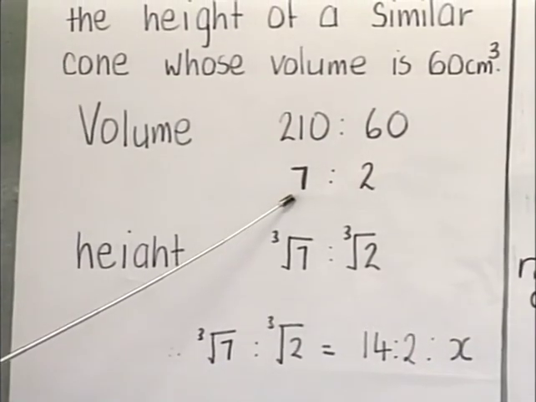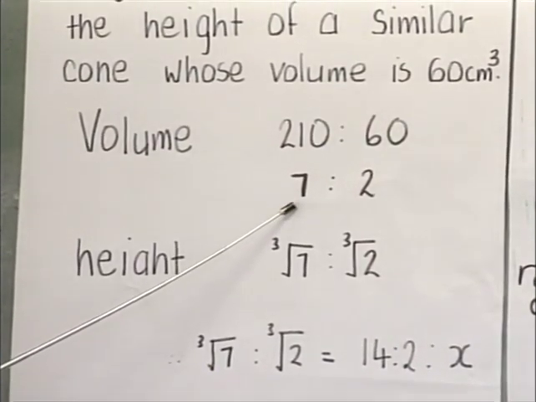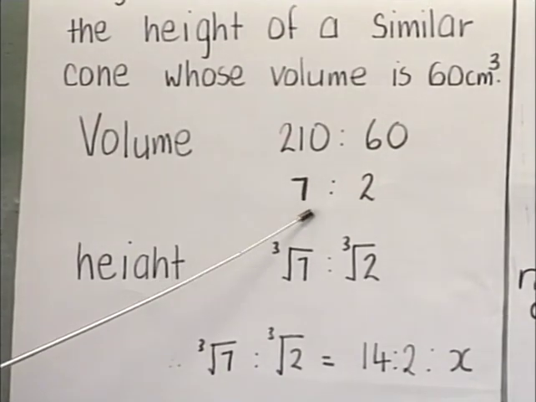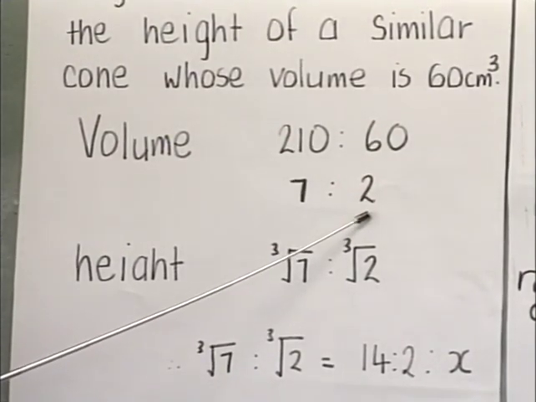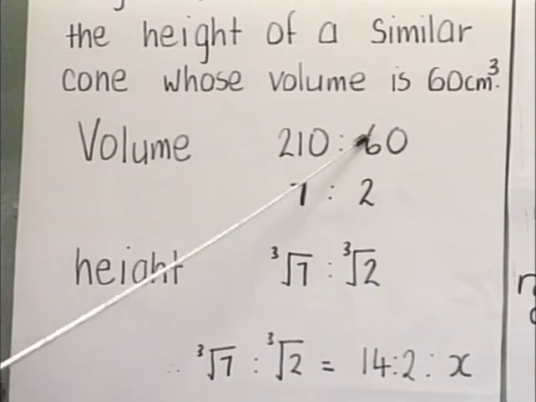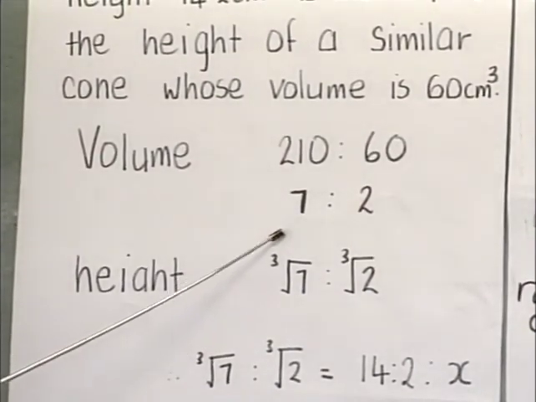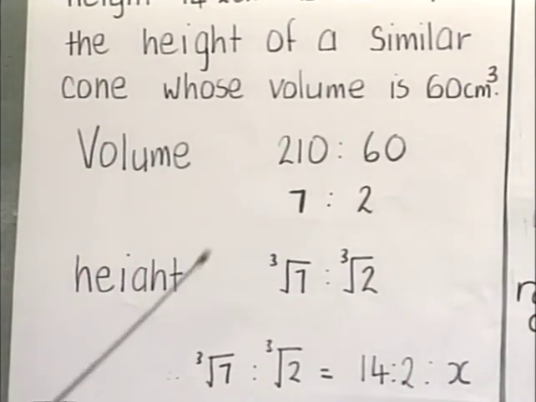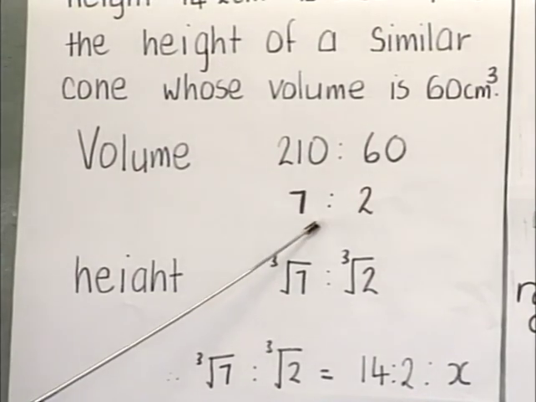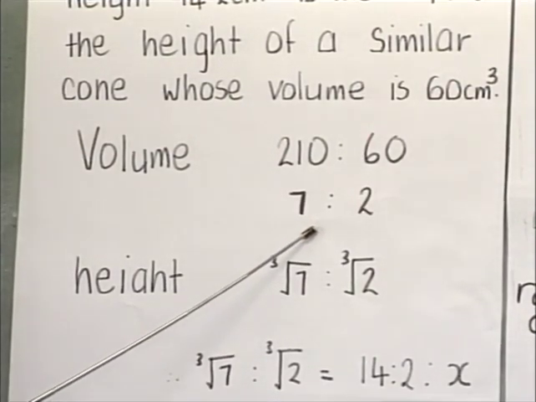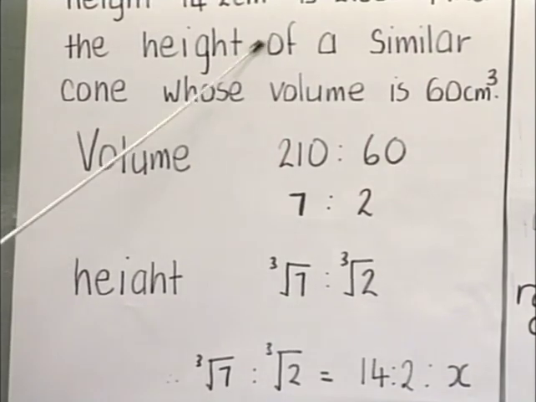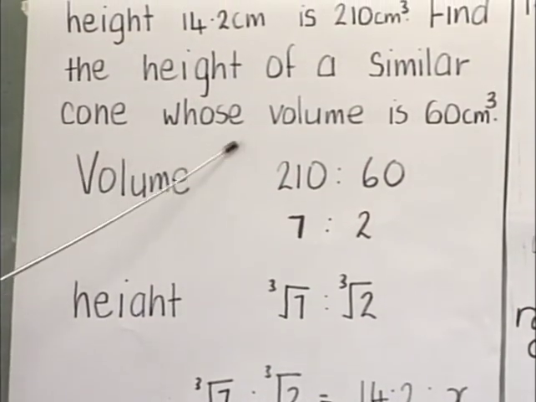That's also simplified to 7 is to 2 if I'm correct. I divided 60 by 30 and got 2, divided 210 by 30 and I got 7. Now that is the ratio of their volumes. I cannot use the ratio of the volume to find the height, because the height is a length.